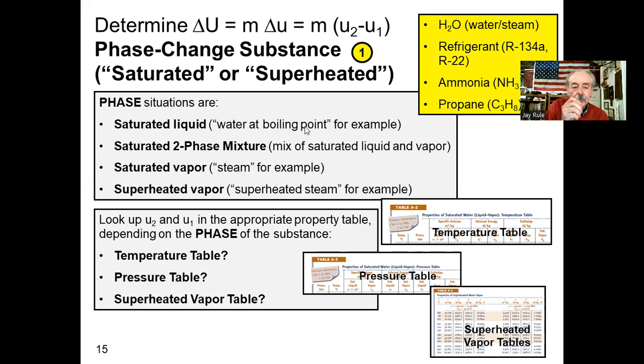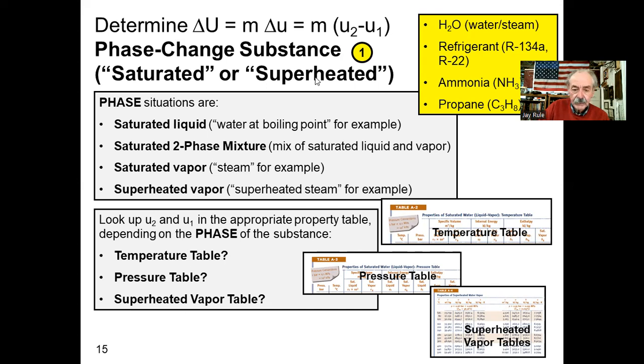On a PV diagram, where would saturated liquid be? On a PV diagram, where would a saturated two-phase mixture be? A mixture of saturated liquid, saturated vapor. Where would pure saturated vapor be? We call that steam, okay? Or for H2O, superheated vapor, where would that be on the PV diagram? And we call that superheated steam for H2O, okay?